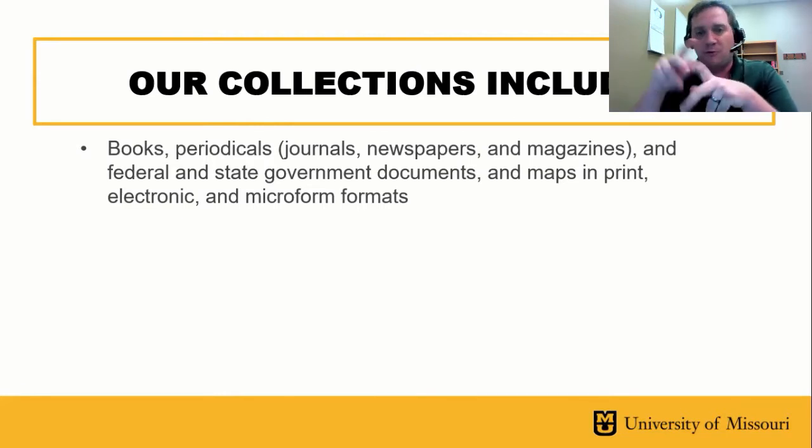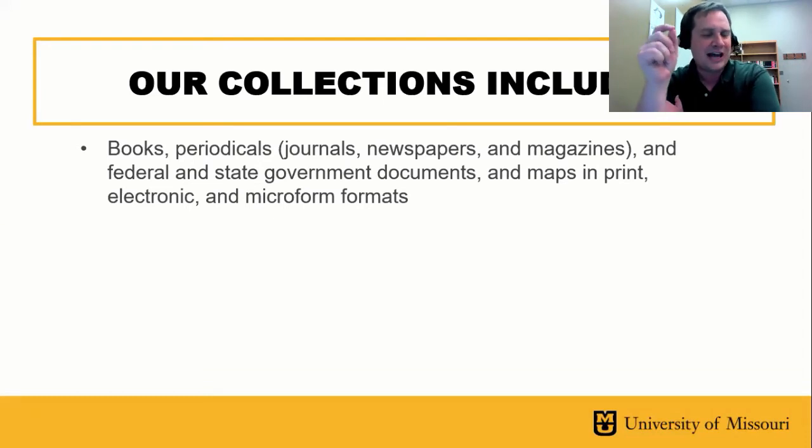And then we also have microform formats, which if you are my age or younger, you probably don't have a lot of experience with, but we still have them. It's basically strips of film or sheets of film that have very, very small scans of pages of articles and pages from books that you can basically view in a magnifier.